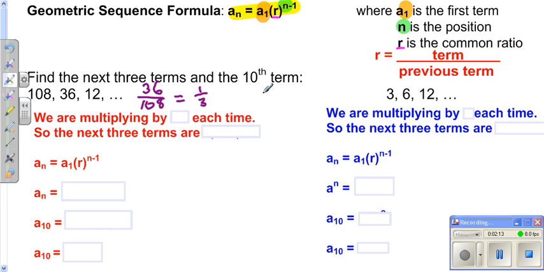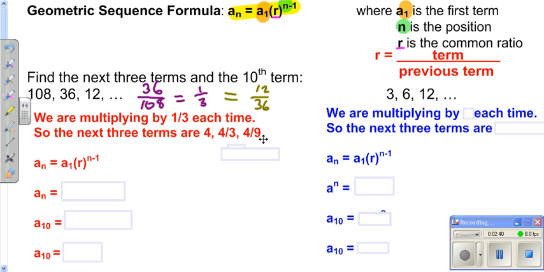So I'll take my third term of 12, divided by my second term, the term right before it, and yes, I once again get 1/3. So here we are multiplying by 1/3 each and every time. To get the next term, I'll take 12 times 1/3, and I get 4. 4 times 1/3 is 4/3. 4/3 times 1/3 is 4/9.